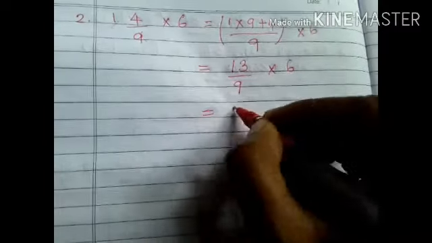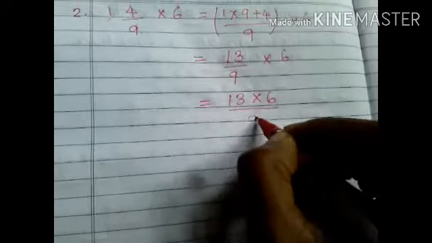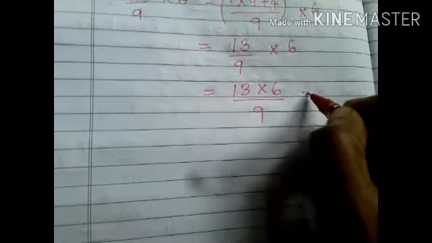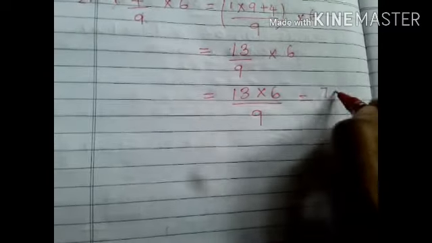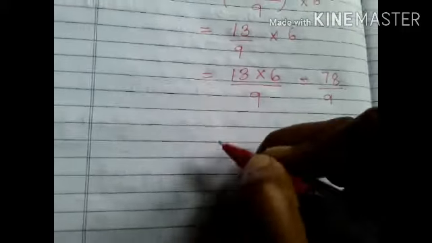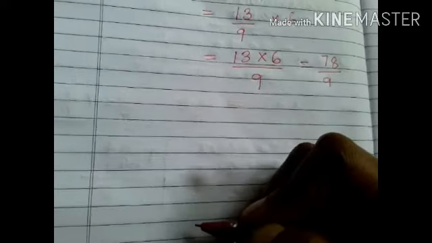In the next step, we have to write 13 into 6 divided by 9. 13 into 6 is 78 divided by 9. Then it can be converted into a mixed fraction, since it is an improper fraction.